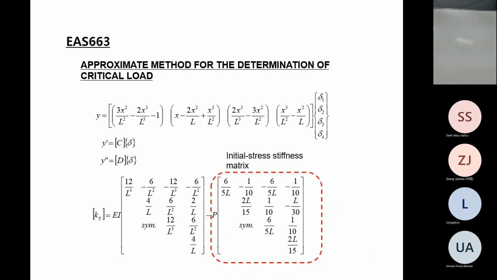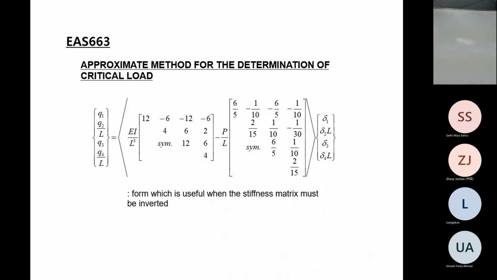Now, this is a 4 by 4 matrix, and as I mentioned, calculating matrices by hand is very tedious. So for hand calculations, to make it easy, it is better to have only numbers inside. Here you have L cube, L square, L cube, L square, and here you also have L, L, L. To get rid of this L cube, L square and make it only numbers, we can rewrite this and make it into something like this.